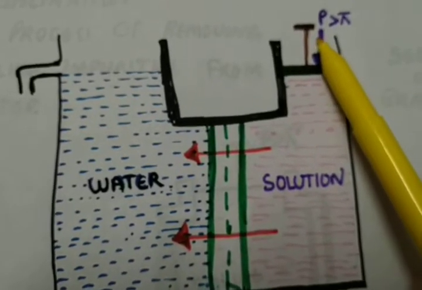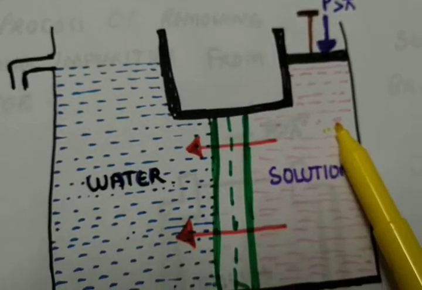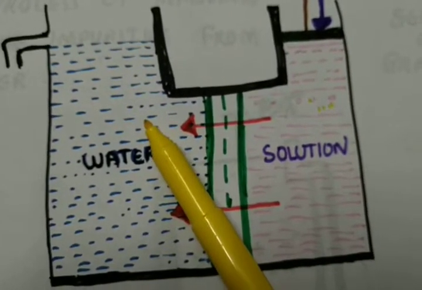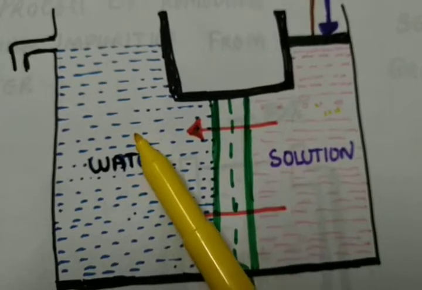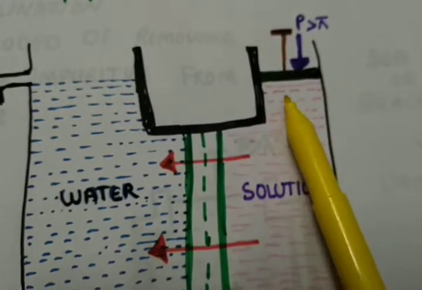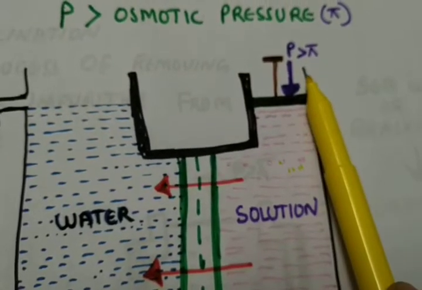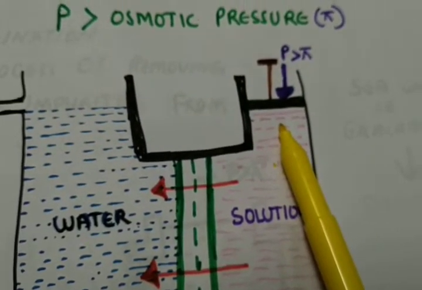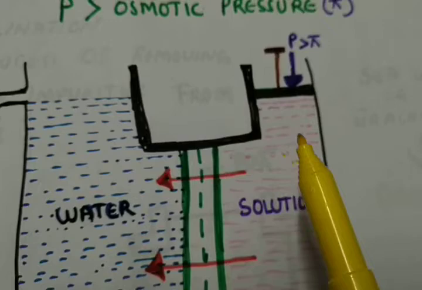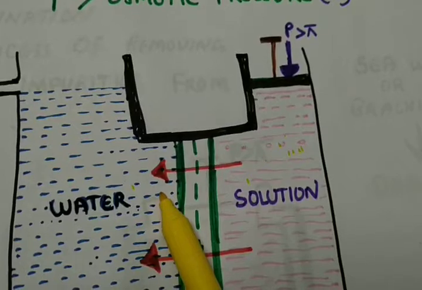When a pressure greater than the osmotic pressure is applied to the solution side, with the solution on one side and fresh water, the solvent side, on the other, separated by a semi-permeable membrane, a reverse process occurs. There is a flow from the solution side to the pure solvent side.